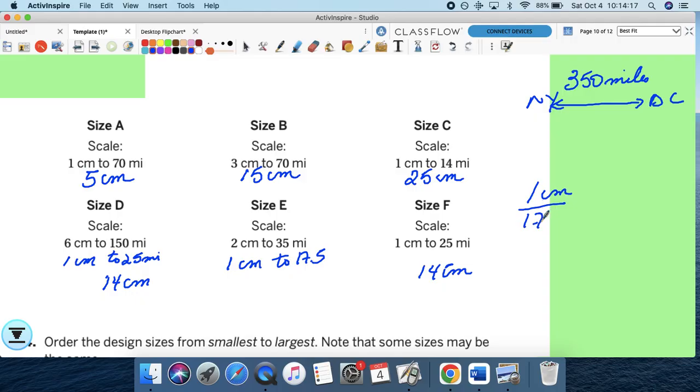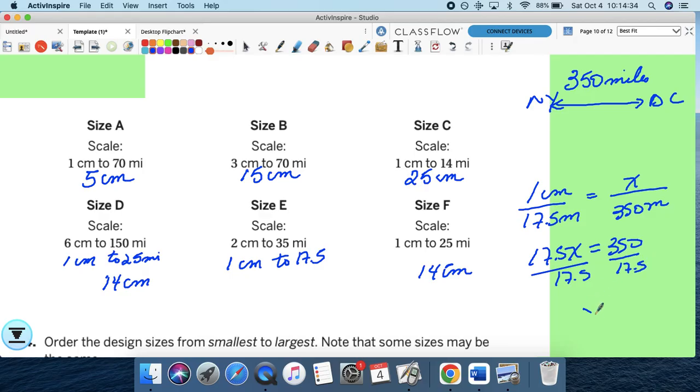So 350 miles in that scale would be how many centimeters? Well, 17.5x equals 350, divide by 17.5, divide by 17.5, x equals 20. So here, it would be 20 centimeters.